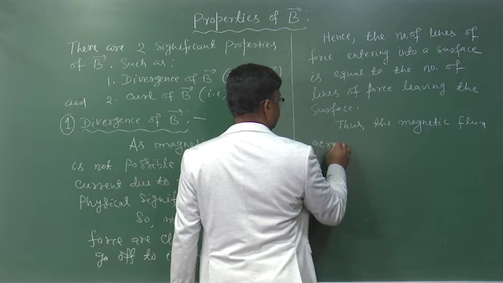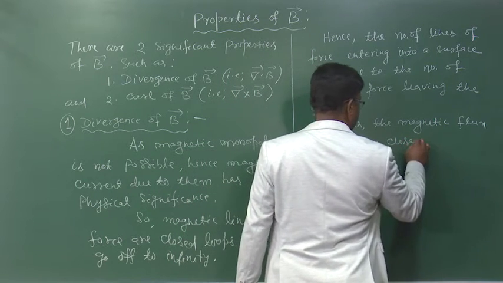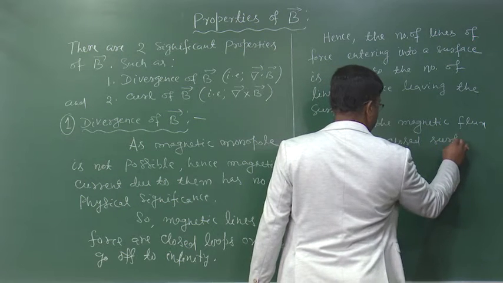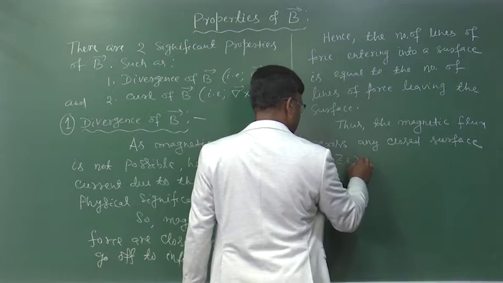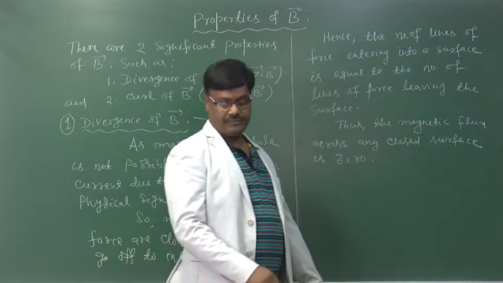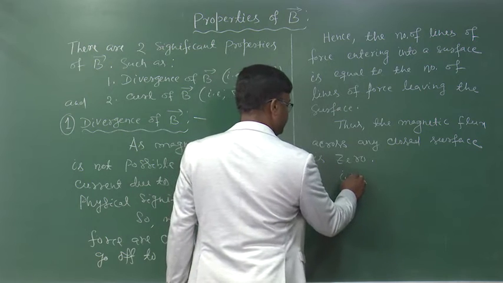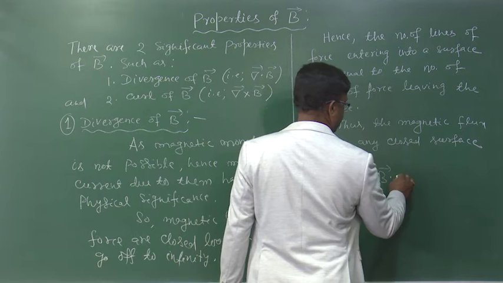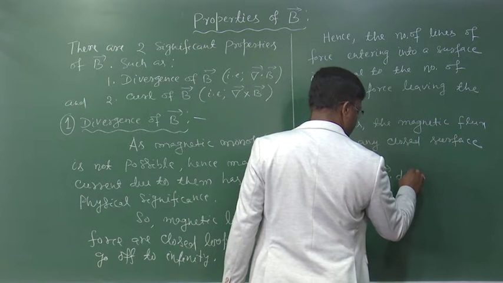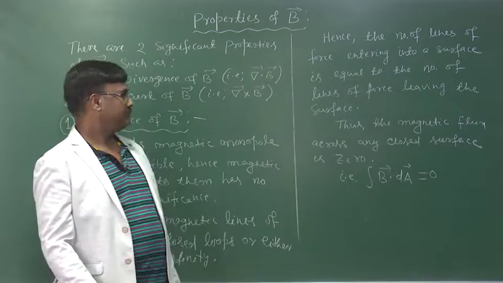That is, integration B vector dot dA vector equal to 0. This is equation 1.